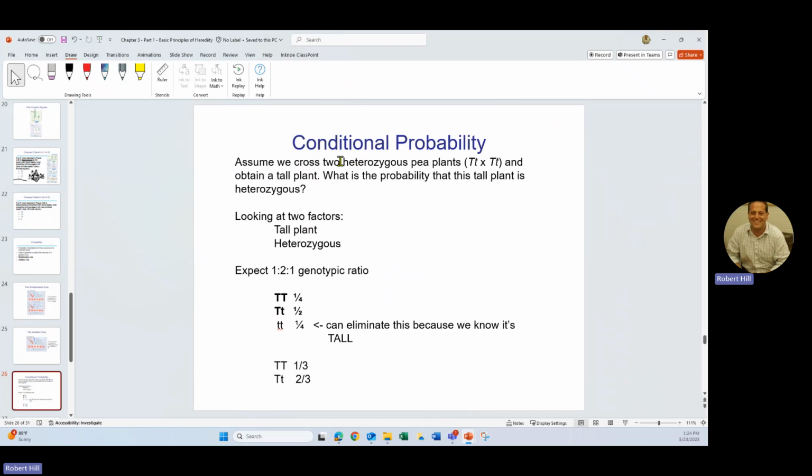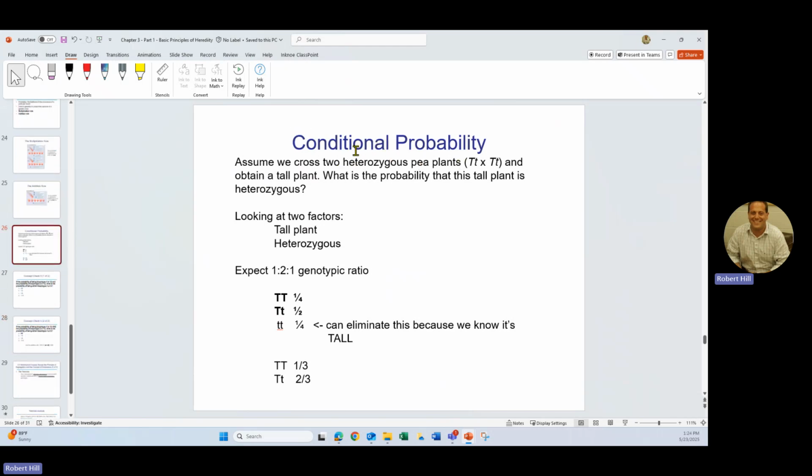So assume we cross, let's look at this conditional probability example. Assume we cross 2 heterozygotes, okay, big T little t and big T little t, and we obtain a tall plant. What is the probability that this tall plant is heterozygous? Okay, now wait a second, think about it.